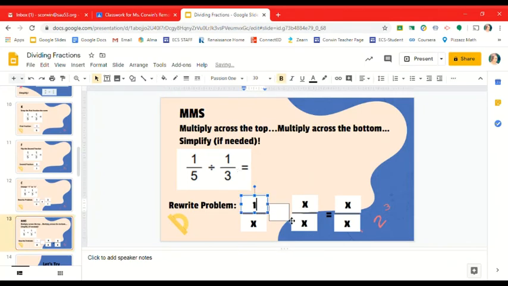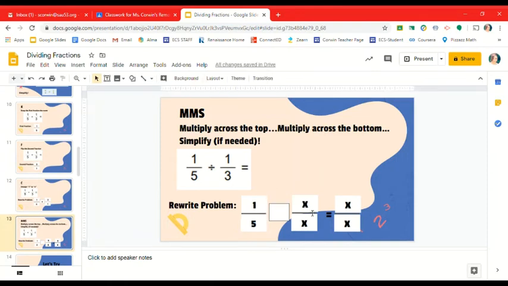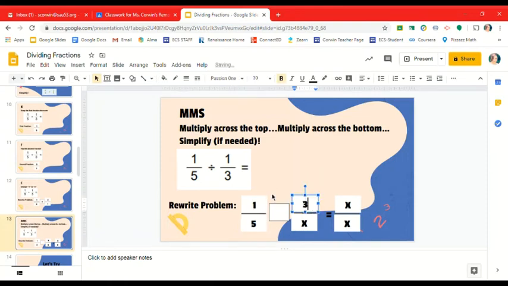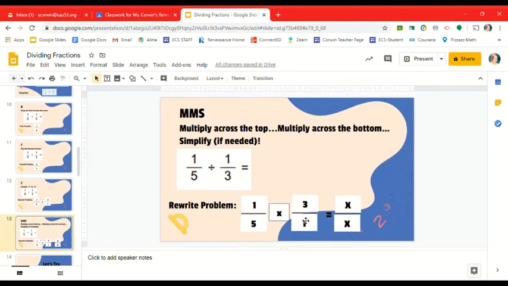So keep the first fraction the same. So keep that 1/5 as a 1/5. Flip your second fraction. So instead of 1/3, you need 3/1. Change your division sign to a multiplication sign. So now this is ready to go.